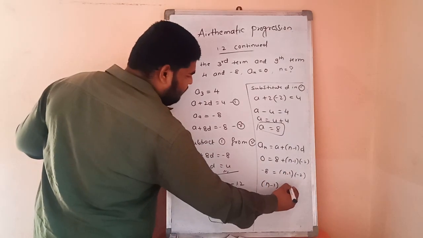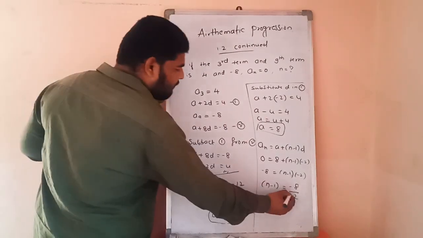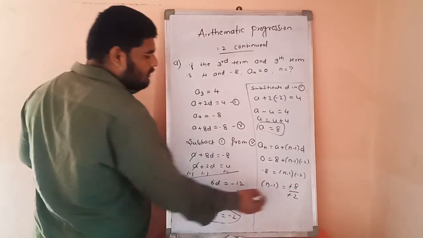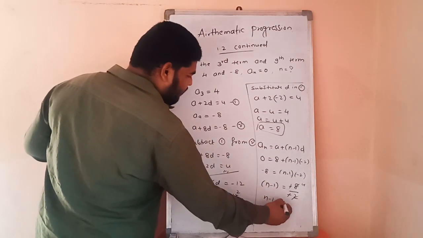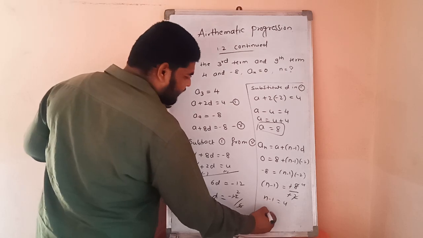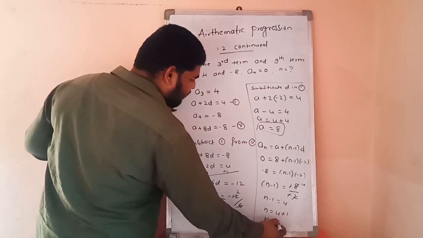So n minus 1 equal to minus 8 divided by minus 2. Minus minus cancel. 2 fours are 8. So n minus 1 equal to 4. Take the minus 1 across, n is equal to 4 plus 1. So n is equal to 5.